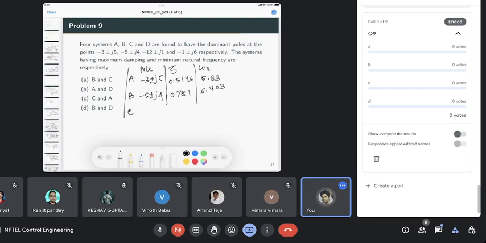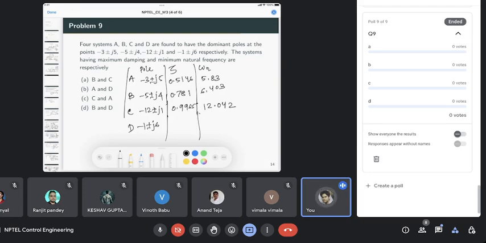Similarly for C, minus 12 plus minus j1, omega n is square root of 12 square plus 1, which is 12.042, and damping ratio is 12 by 12.042, which is 0.9965.